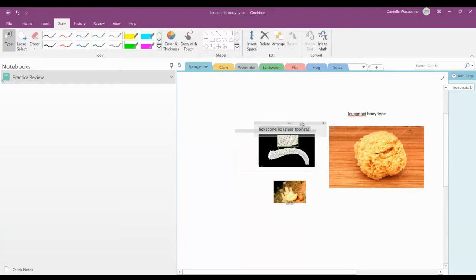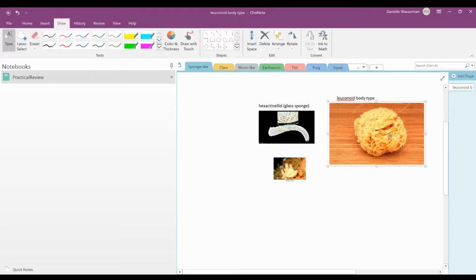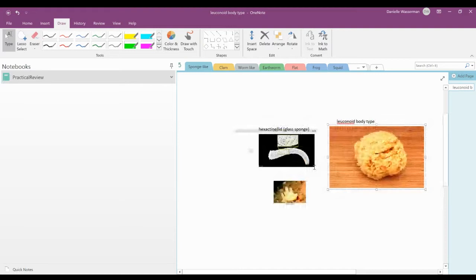So this is a glass sponge. This is a different kind of sponge with a leuconoid body plan, which is more complex than an asconoid body plan. So there are 3 sponge body plans.